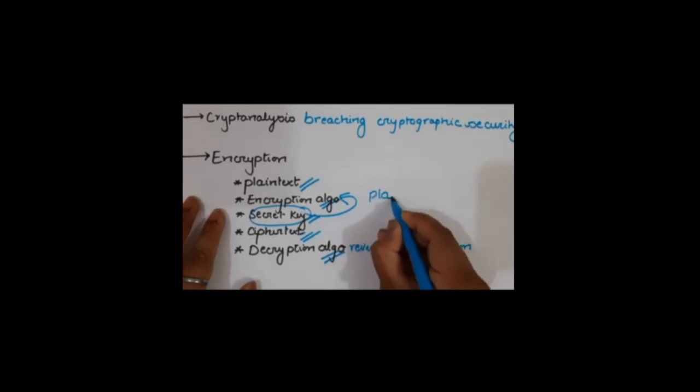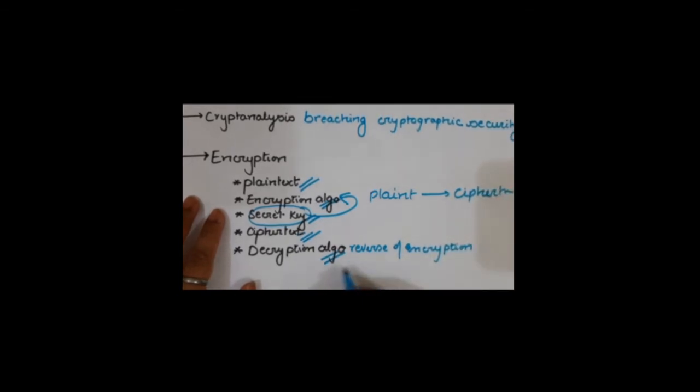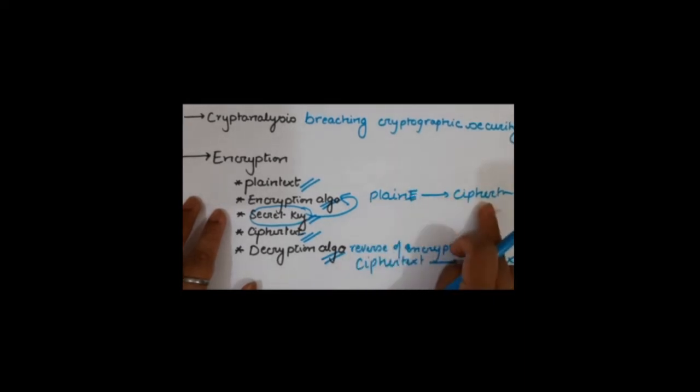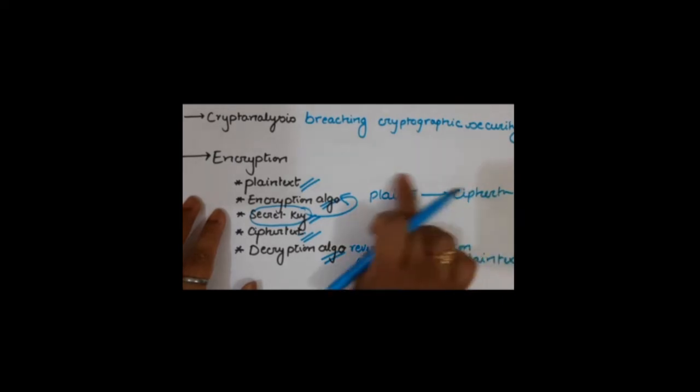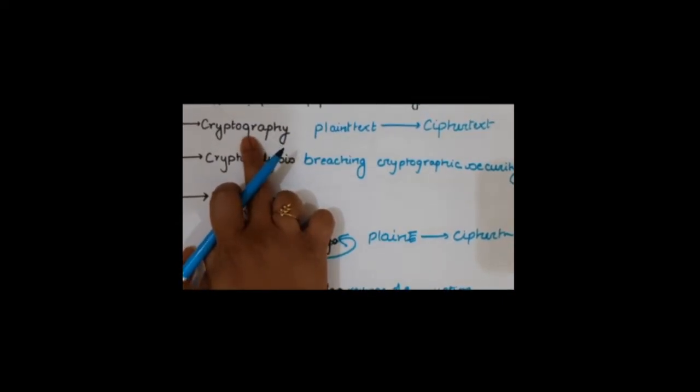If encryption converts plain text into ciphertext, then decryption converts ciphertext into plain text. And the conversion of plain text into ciphertext and ciphertext into plain text is together called cryptography.